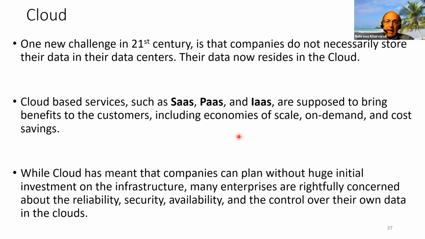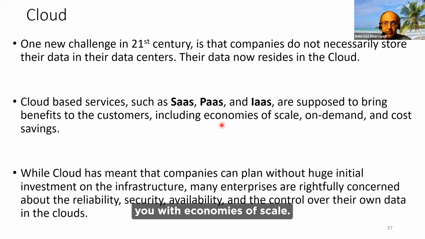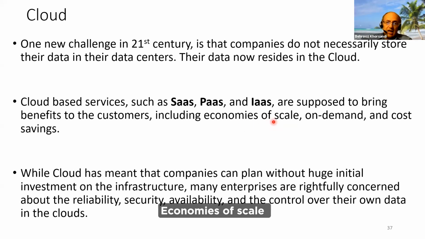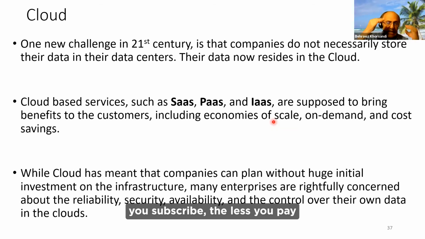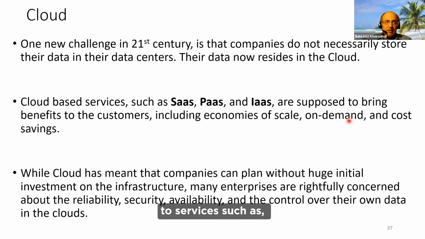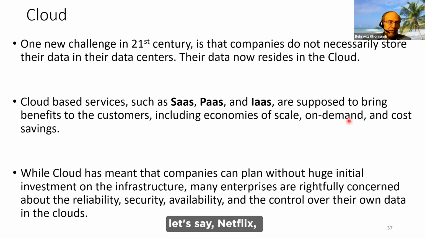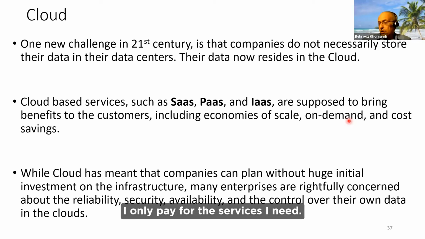Also, cloud provides you with economies of scale. Economies of scale typically means the more you subscribe, the less you pay from a unit cost perspective. Cloud provides on demand. If you subscribe to services such as Netflix, I only pay for the services I need.